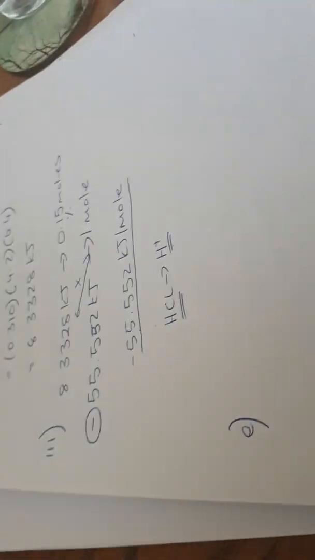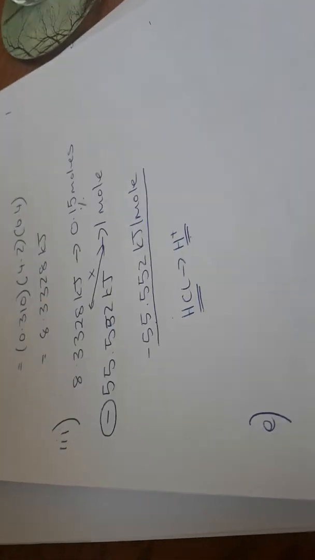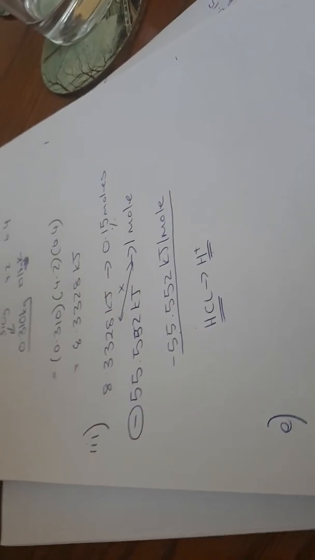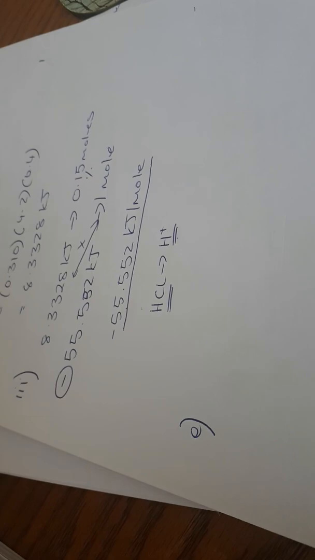And then part E. The result obtained in this experiment was about 3% below the expected value, which is roughly minus 57. State and explain a modification to the method described that would give a more accurate result. So there's loads of answers here.